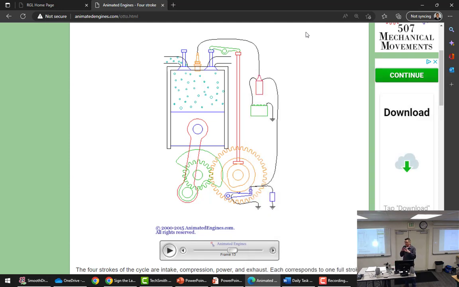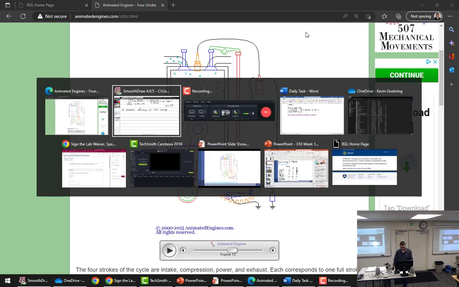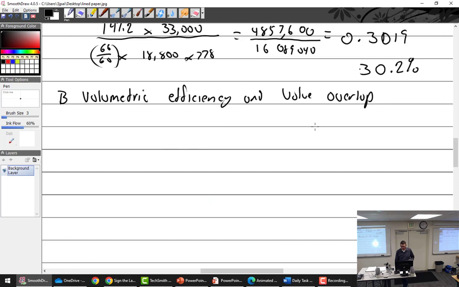You install a compressor that takes air and compresses it and forces air in. There are different ways to do it. We'll cover turbochargers next class. So, volumetric efficiency and valve overlap.